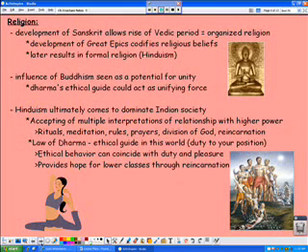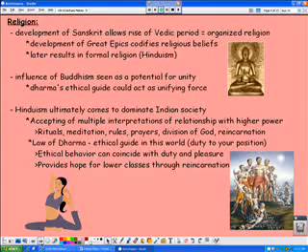Religion. Kind of the most important thing that we have to talk about with India, because it provides a foundation for pretty much all the rest of society. So when we look at religion in India, Hinduism is going to develop over thousands of years.